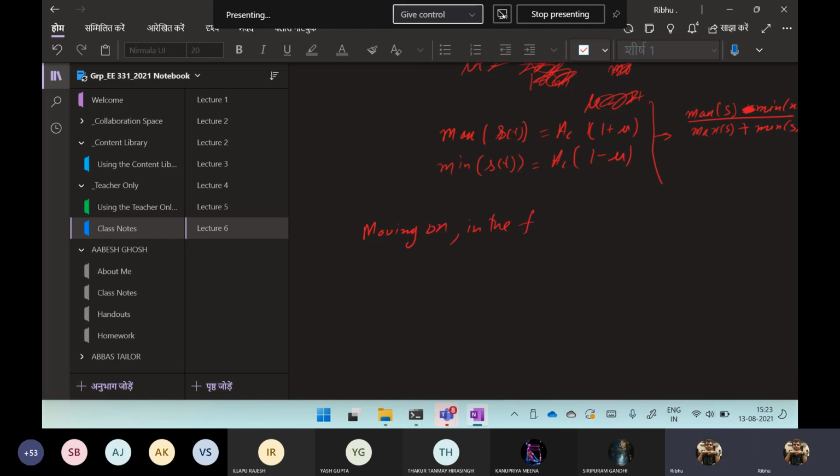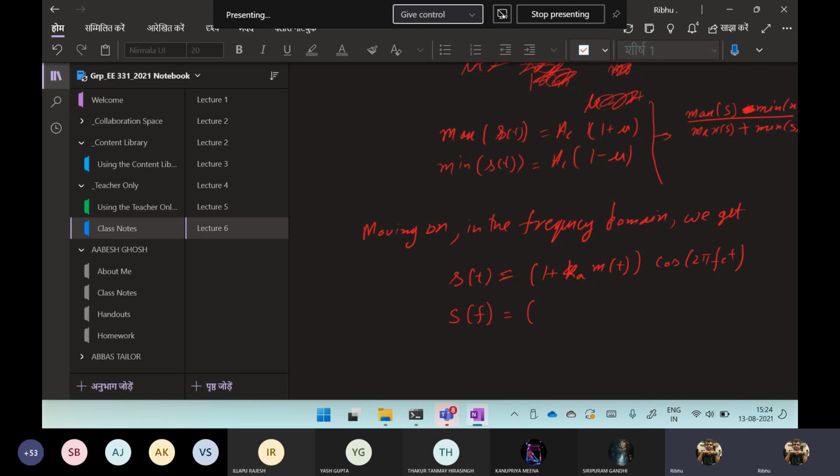In the frequency domain, S(t) equals (1 plus k_a m(t)) cos 2 pi f_c t, right?